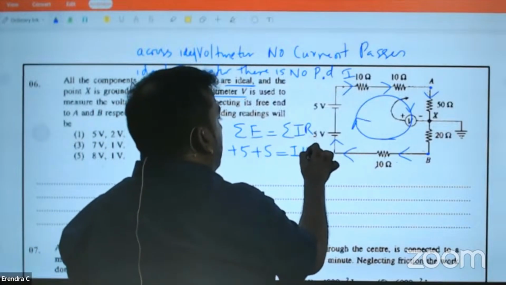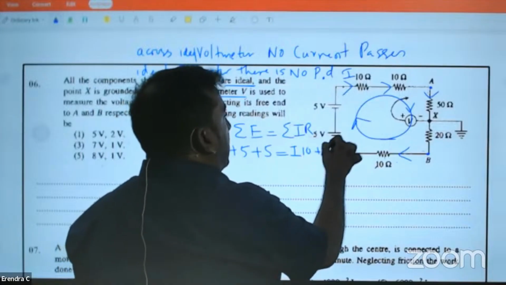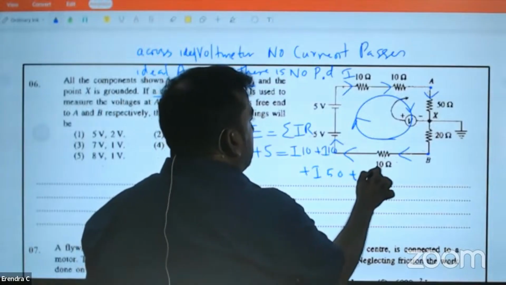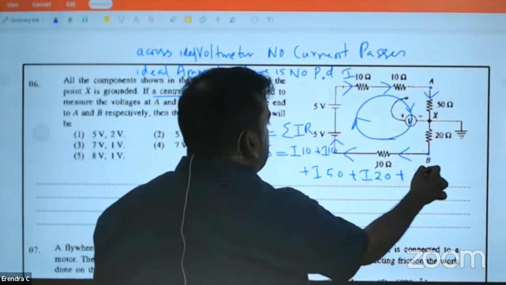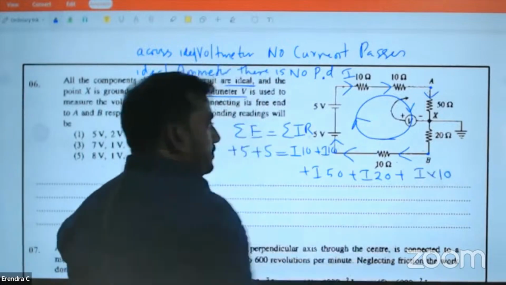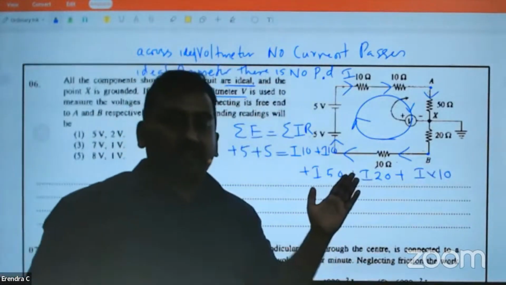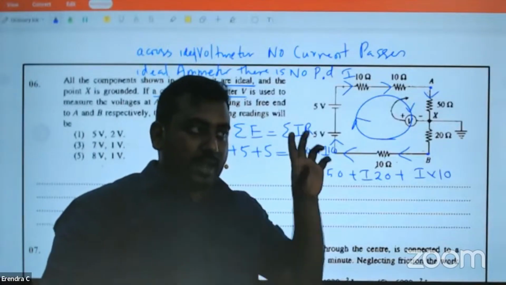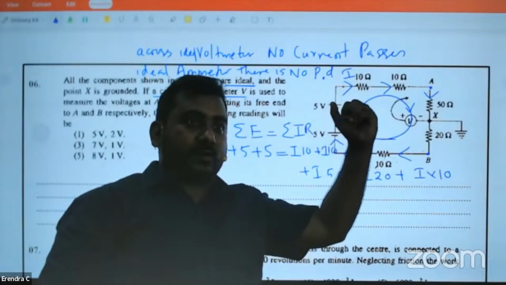I times 10 plus I times 50 plus I times 20 plus I times 10. Some people apply V equals IR for this. That is not A level. I'm doing this so that even if there's an essay question, you can handle it.